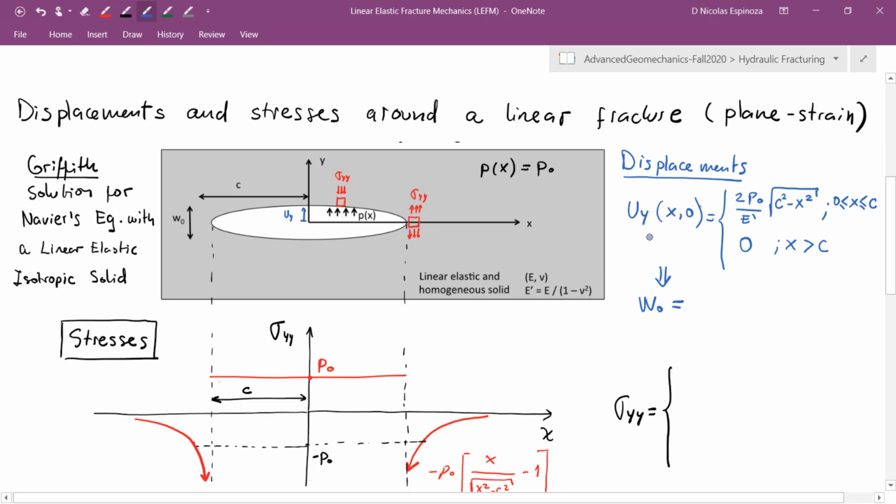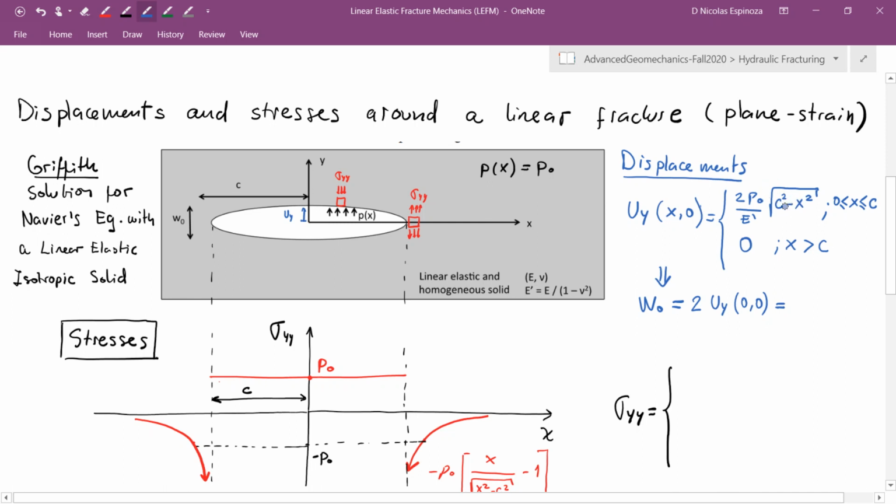From here, we can get right away the width of the fracture, and actually the maximum width, W naught. So W naught is going to be 2 times the displacement, because one face is going to go up and the other face is going to go down, at x equal to 0 and y equal to 0. And if you look at the solution when x is equal to 0, then all of this is just going to be c.